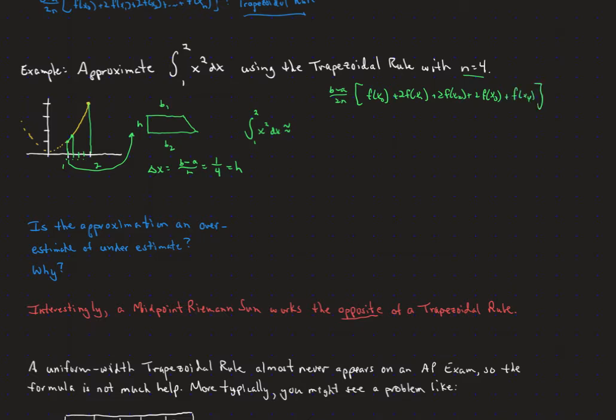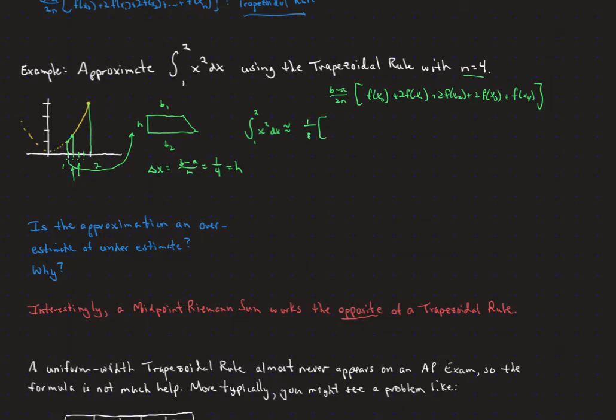Now these values for x sub 1 and so on are going to be where these tick marks fall. So b minus a is going to be 2 minus 1, which is 1. 2n, since n is 4, is going to be 8.